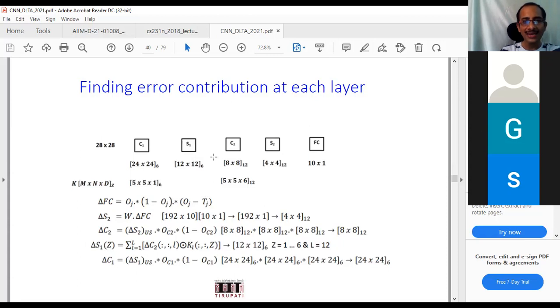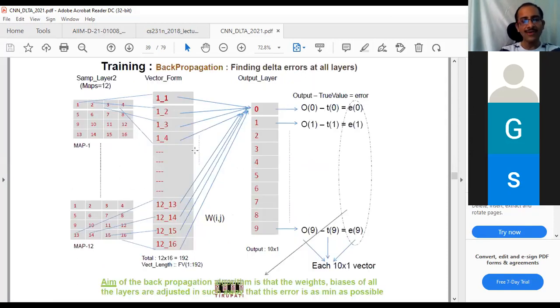In addition to that, if we have an activation function at the second convolution layer, OC2 into 1 minus OC2 also comes into picture, because the output is nothing but F of the C2 value, and they are writing F dash as F into 1 minus F, as written here.